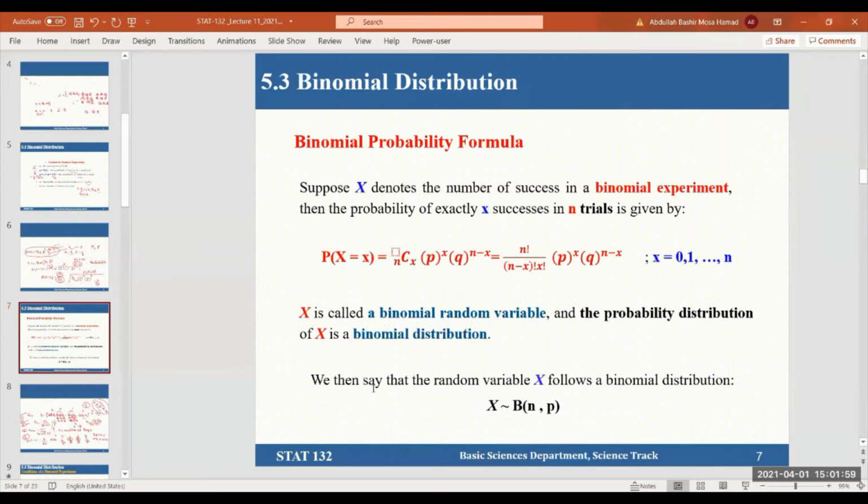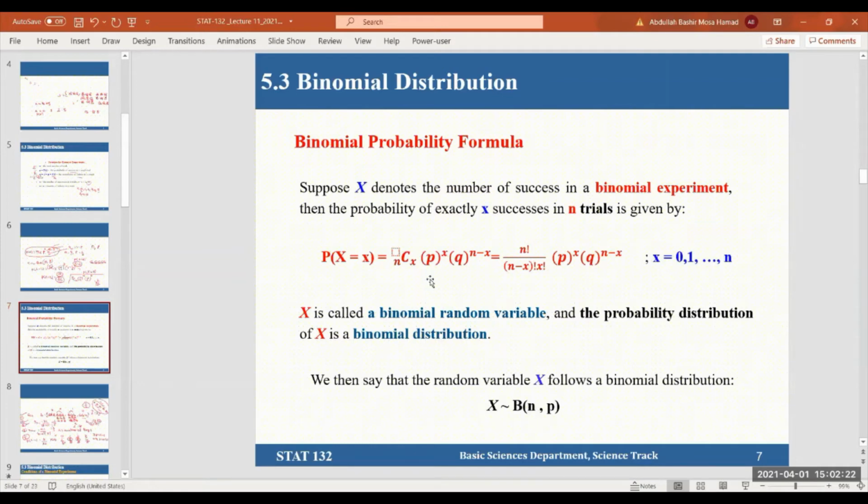We then say that the random variable X follows a binomial distribution, and we write it as X distributed binomial with n and p. n and p we call binomial parameters. Why parameters?